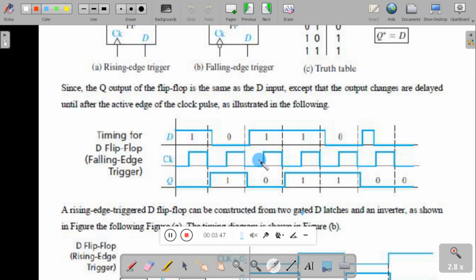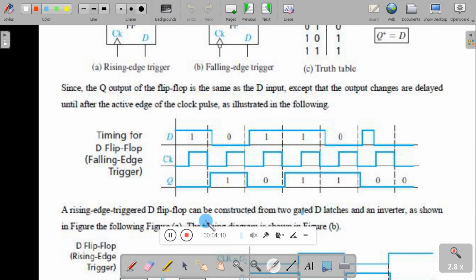This is the negative edge of the clock, and this is the positive edge. Positive edge means the clock will change its state from 0 to 1, and negative edge means it will change its state from 1 to 0. So in this case, our flip-flop will change the output state during the negative edge of the clock.